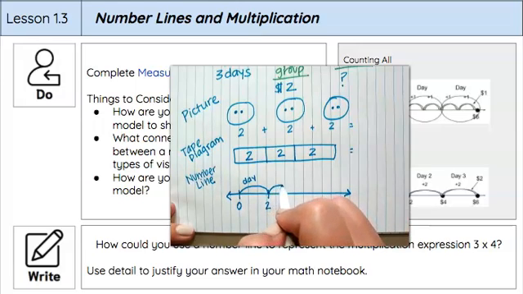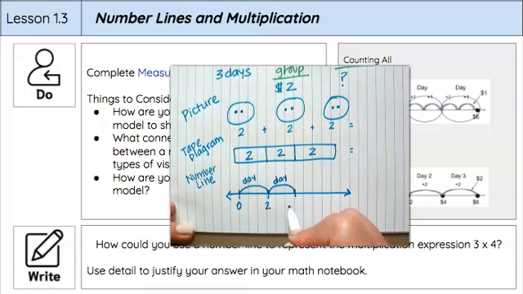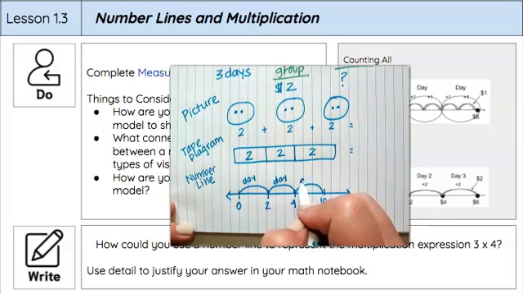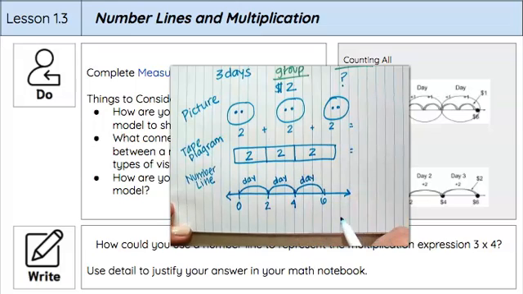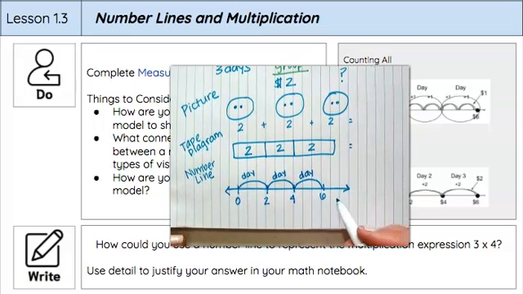Okay, let's jump another day. After another day, I get 2 more, so I have 4, and I have 3 total days. So I'm going to do 1 more jump to get to my 6. This is how you use a number line to represent multiplication.